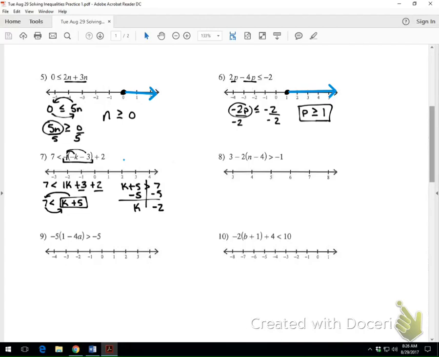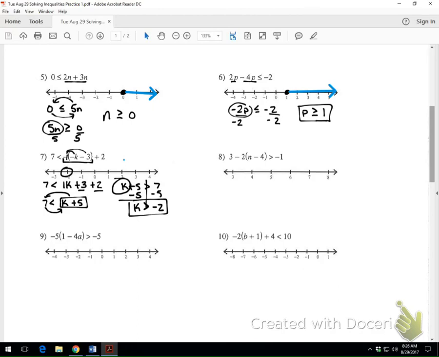Now, is my k negative? Is the number in front of k negative? So I'm going to keep my sign the same, so it's greater than. Is it open or closed at negative 2? Open, right?